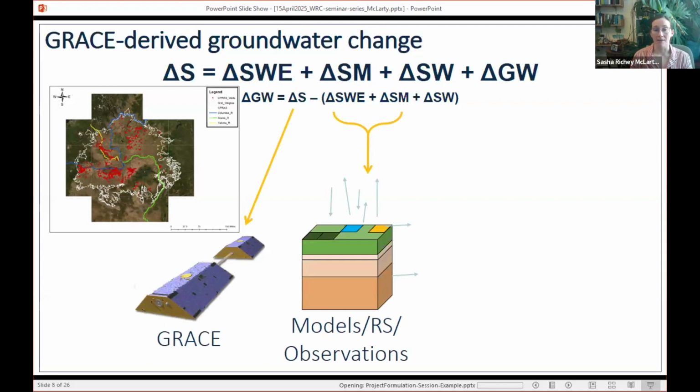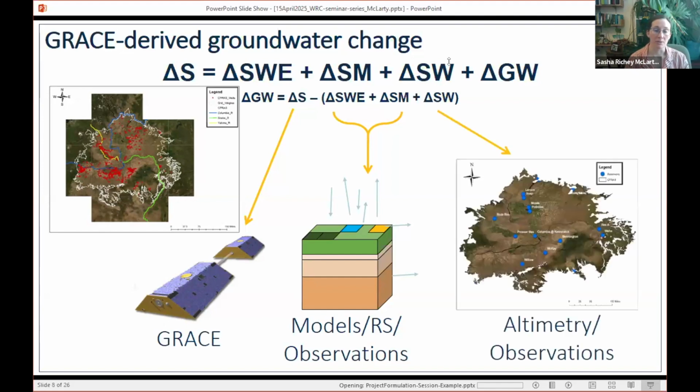We just don't have dense, large scale enough observation networks of soil moisture. I'm trying to change that, and I'll talk about that later. For snow, we can do a little bit better, especially in the Western United States with SNOTEL. And then in this study area, we use observations and records, mostly from the US Bureau of Reclamation, on surface water storage changes from reservoirs and lakes.